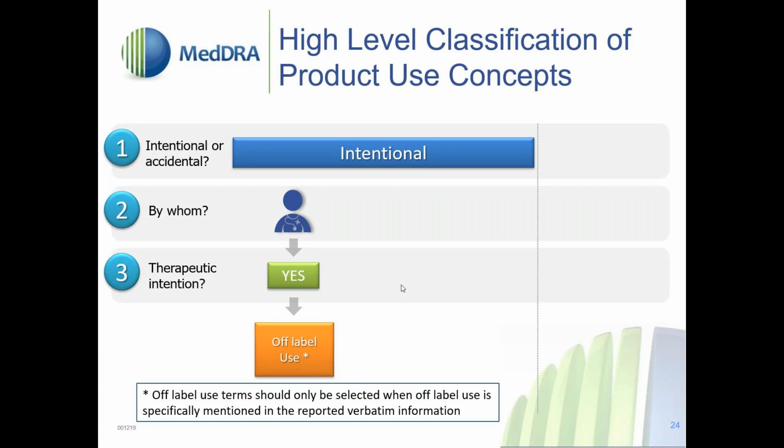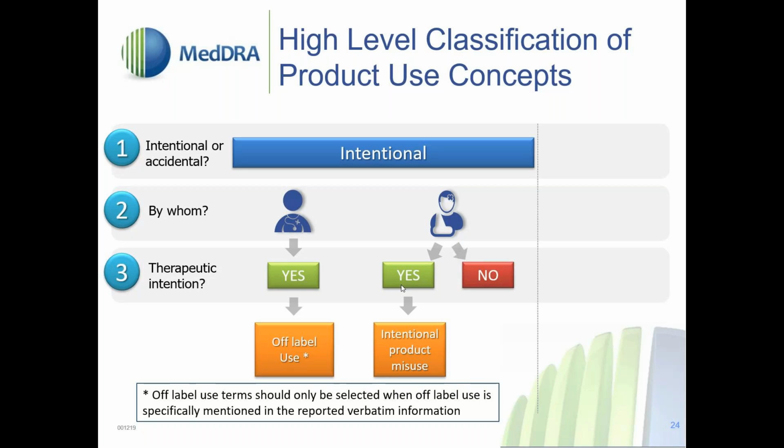If an intentional deviation from the product information originates from the patient or consumer and happens in the therapeutic setting, we classify this as an intentional product misuse. If the deviation does not occur in the context of therapeutic use of the product, the deviation is classified as drug abuse or drug addiction dependence.